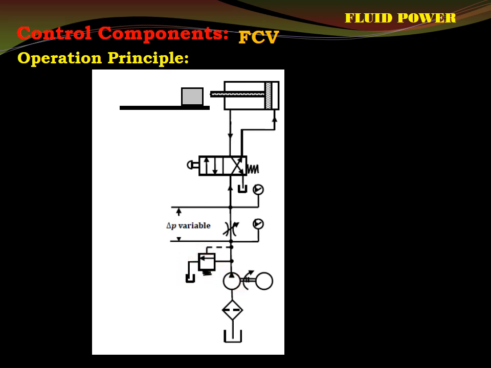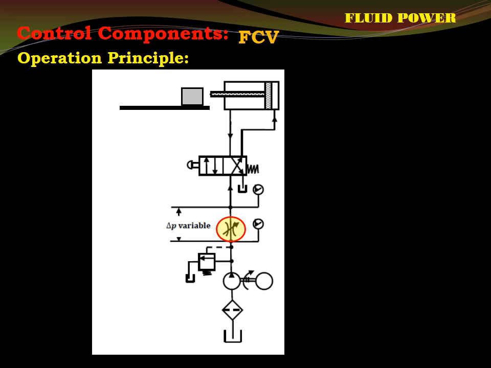Here is one PRV, and there is the FCV. It is marked by this shaded circle. That is the FCV.